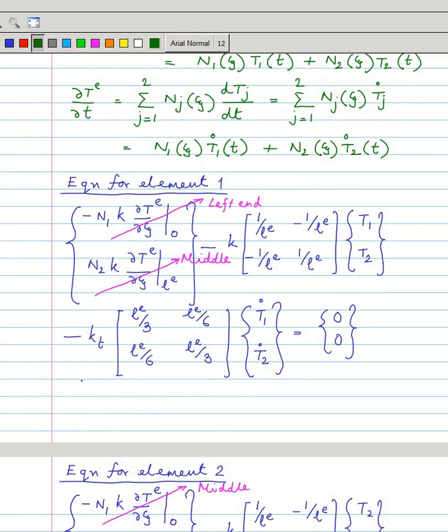Here, from kT, this is actually the integral of N transpose N dx, and kT you take the integral. This is actually N transpose N, dx.